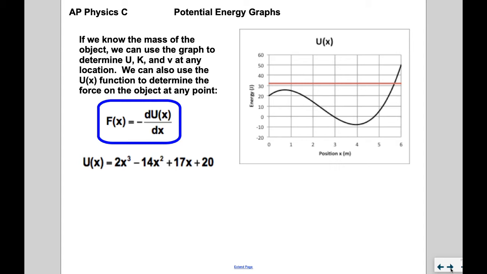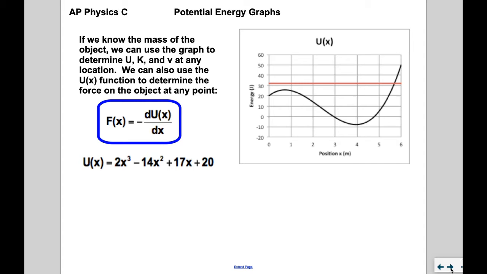The force on the object is equal to negative dU of x over dx. In other words, we take the derivative of the U function at that location, make it negative, and that will tell us the magnitude and the direction of the force on the object at that location.